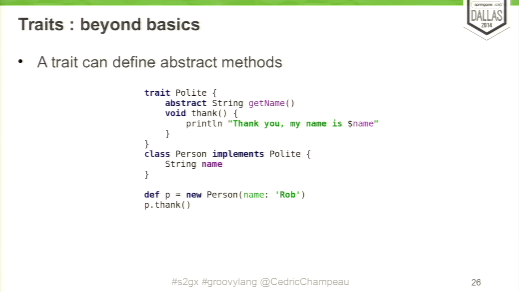You can define something which is polite and should say thank you, but you don't know the name in advance. So you define an abstract method, getName, and then since my class implements that trait, I can add the property name, and now it works. So it just implements the interface later. Does it make sense?